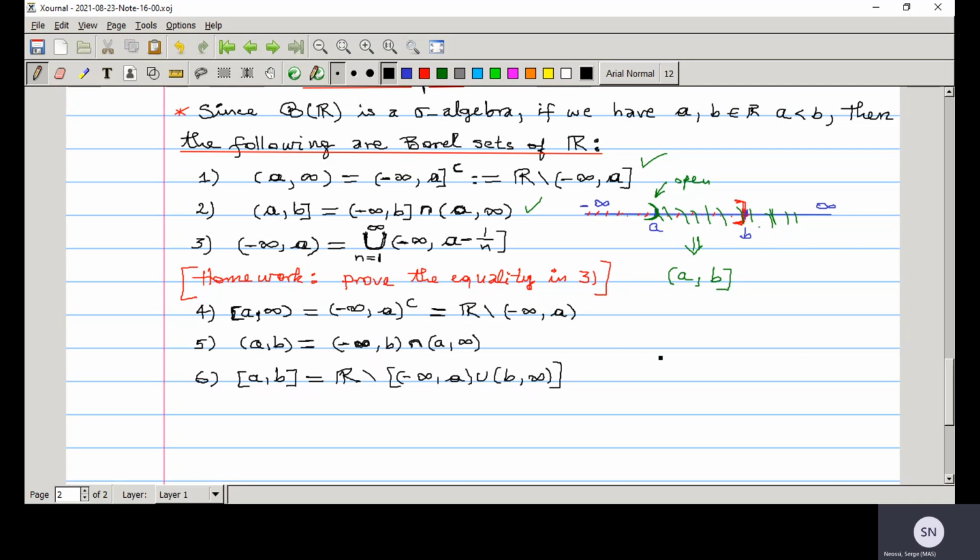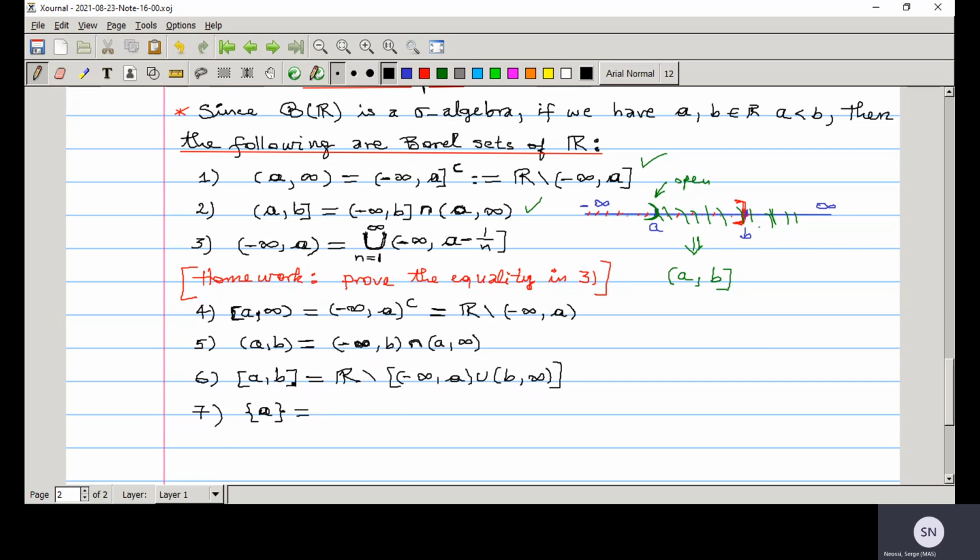Just draw the number line, put this, and just highlight the complement of the union. So you identify the union, take the complement, and you see that gives you the closed interval. So the closed interval is also there. And 7, for any element of R, the singleton made of that element comes from this one.